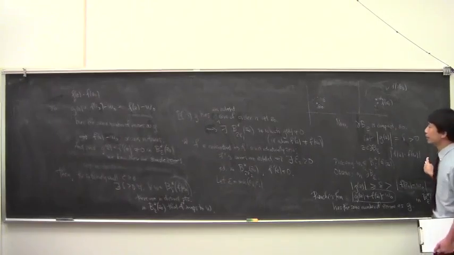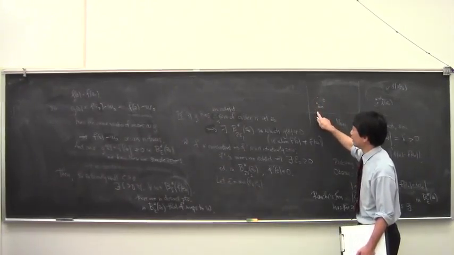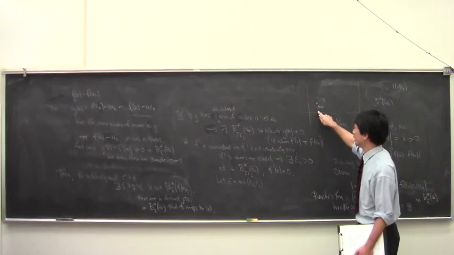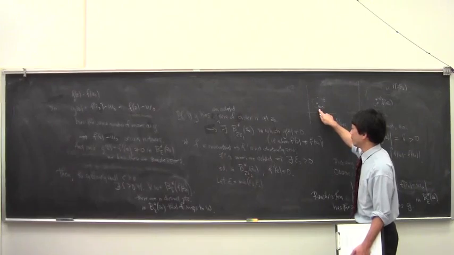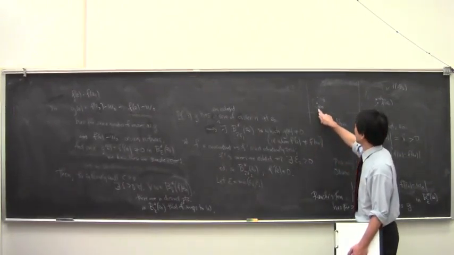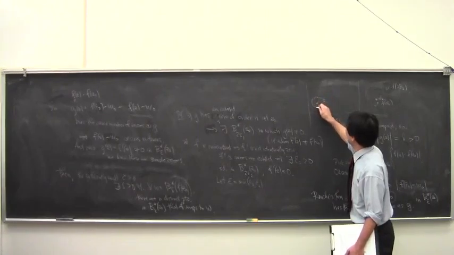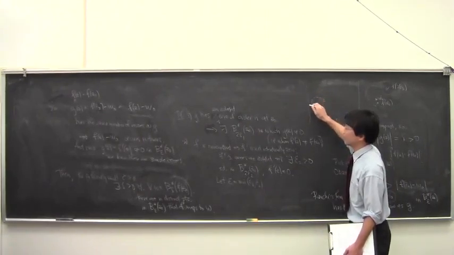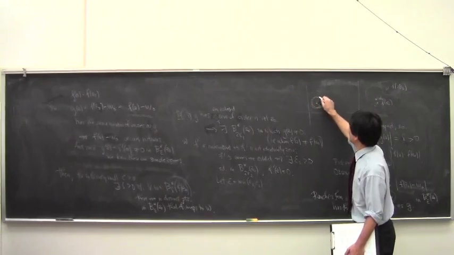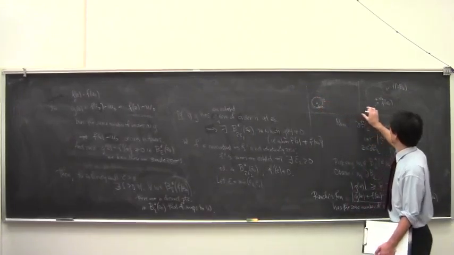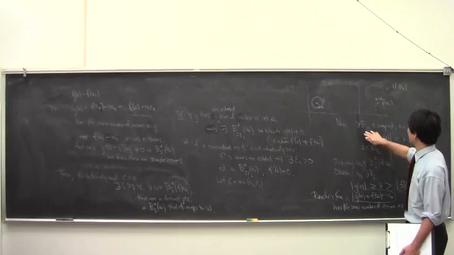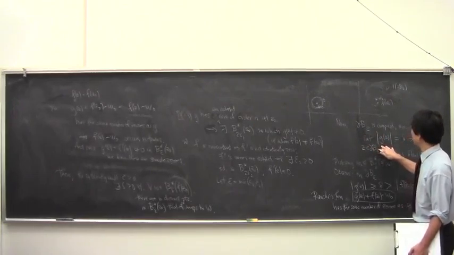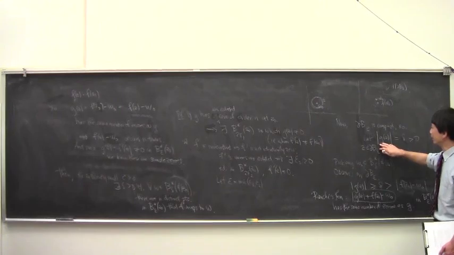Yeah. So we made this ball in which g was non-zero, and in which g prime was non-zero. Then you look at the boundary of that ball. Take the boundary of this ball, and that's a compact set. So since you have a continuous function on a compact set, it's going to attain some minimum value.